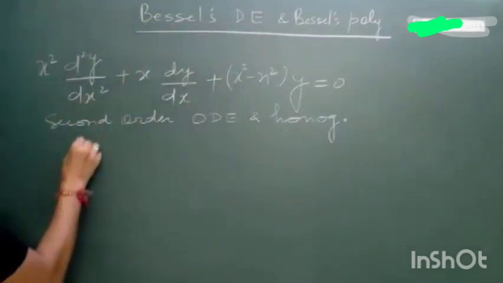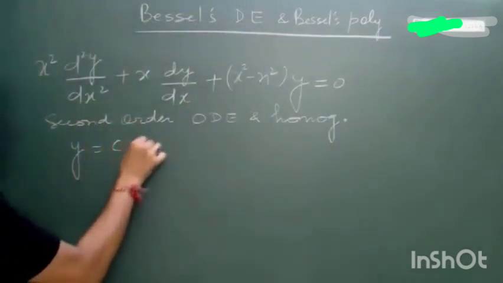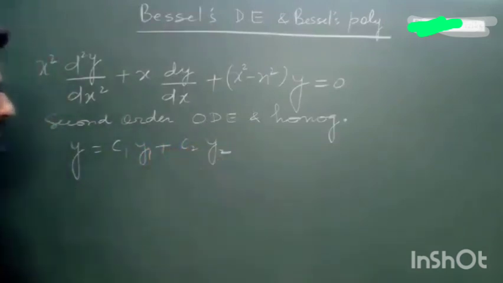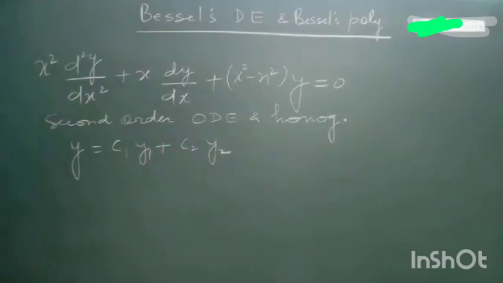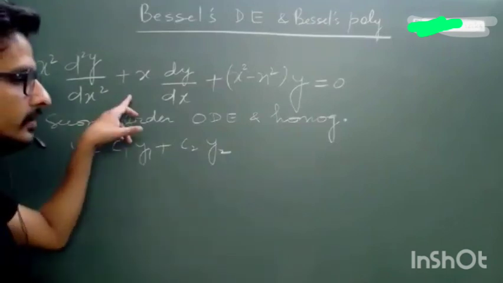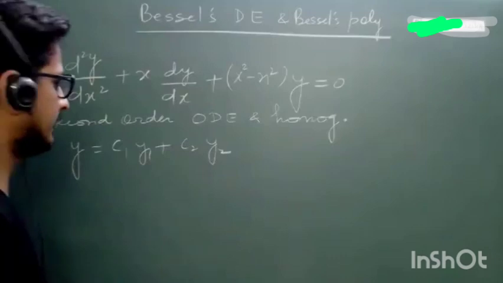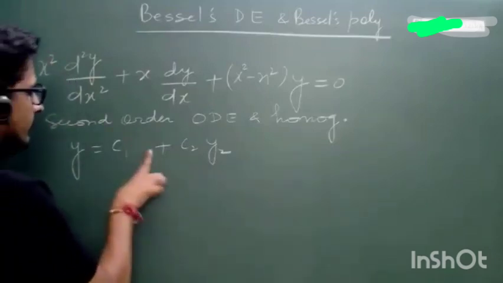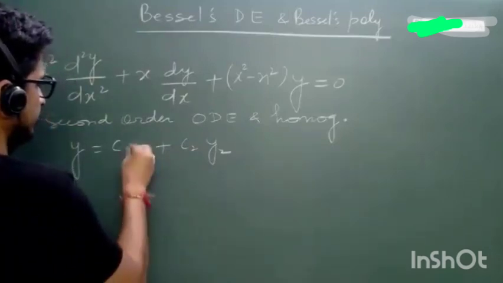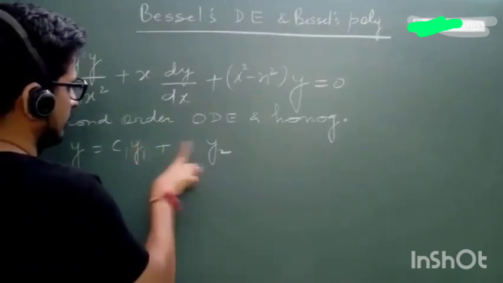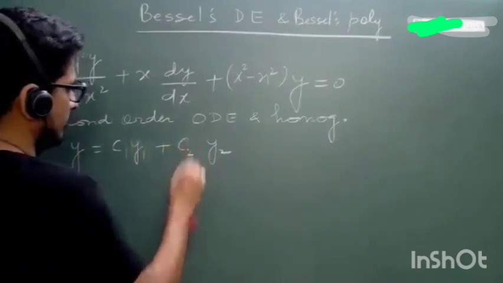You know how to write the solution of this. Two solutions will exist and the solution will be the linear combination of the two. So y1 will also follow this equation, y2 will also follow this equation, and this linear combination will also follow this equation. Correct?